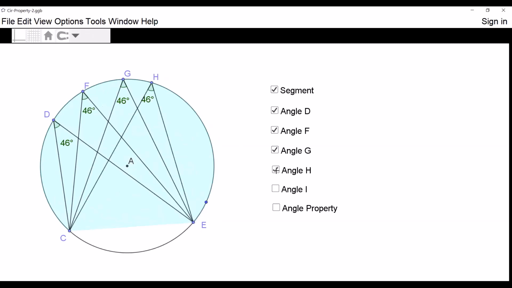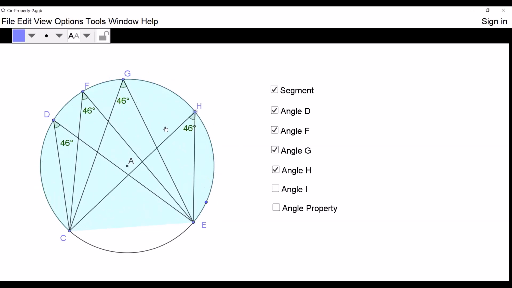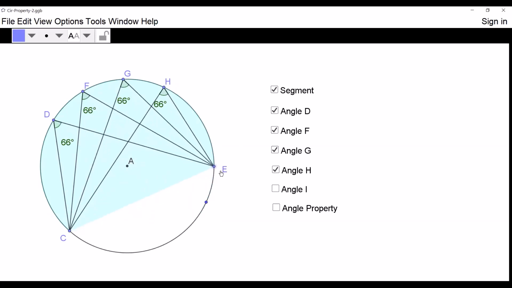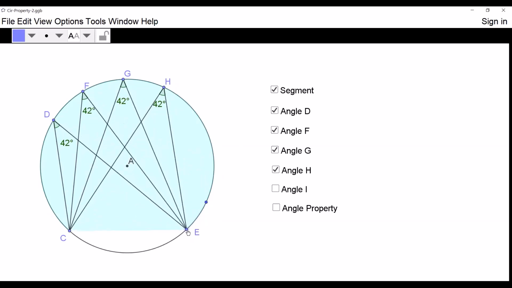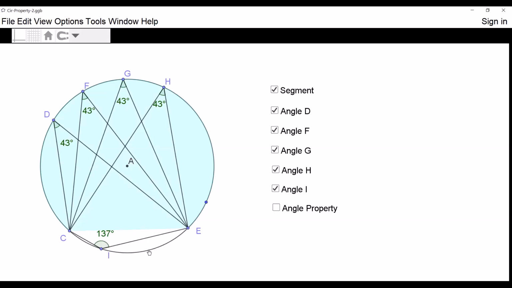We add one more angle, angle H, anywhere in the shaded segment. The angle is 46, and it is equal to the previous angles. And if we change the angle, again, they are all equal. Now, let us consider an angle in the unshaded segment. So we can see here that the angle is not the same as in the shaded segment.